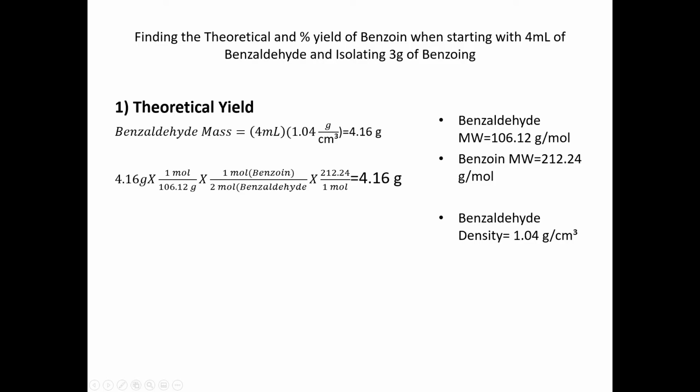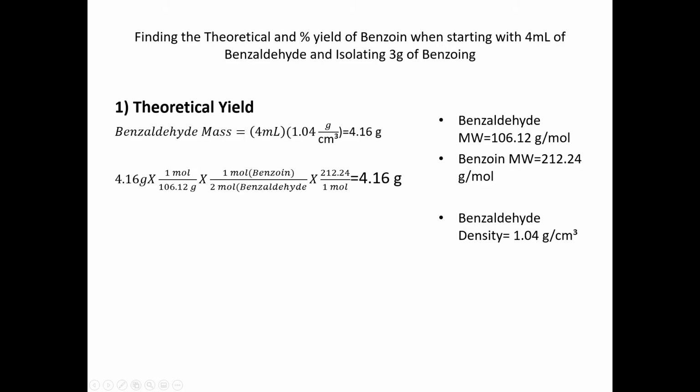So if we just follow along this entire calculation, 4.16 divided by 106.12, divided by 2, times 212.24, we should be left with 4.16 grams of benzoin. Just to make sure, we can cancel out all of our like terms.